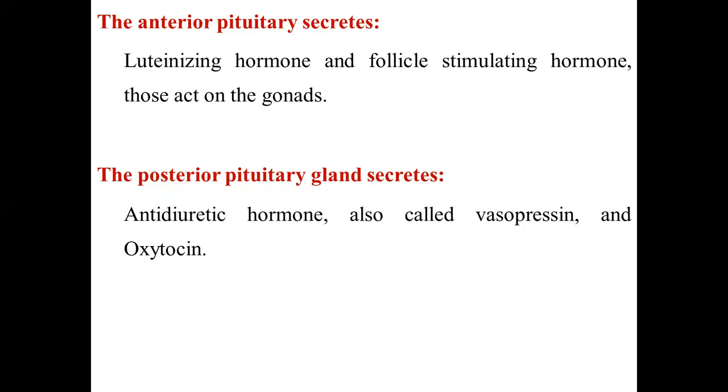We have another part called the posterior pituitary gland, which secretes antidiuretic hormone, also called vasopressin, and also secretes oxytocin. Antidiuretic hormone helps in the retention of water from the kidney. So once antidiuretic hormone is released by the posterior pituitary gland, what happens?